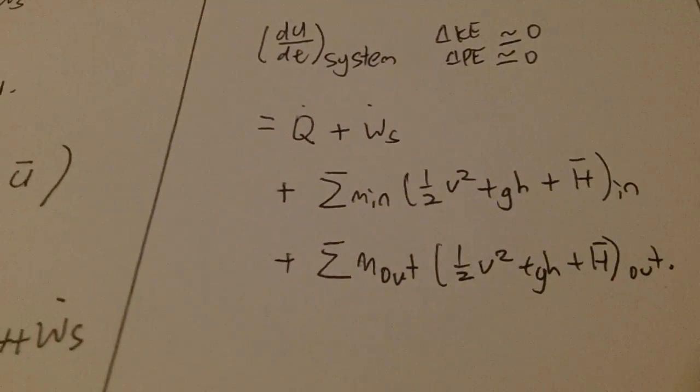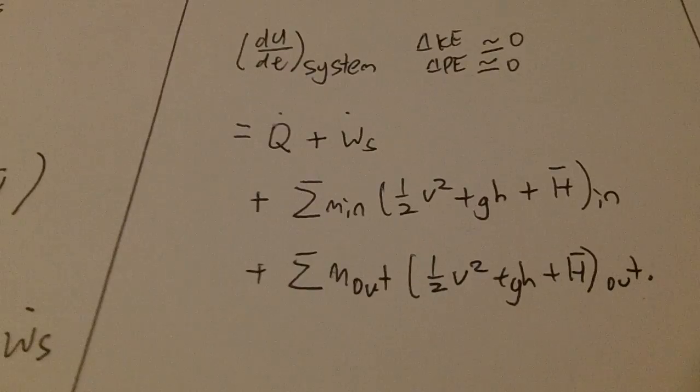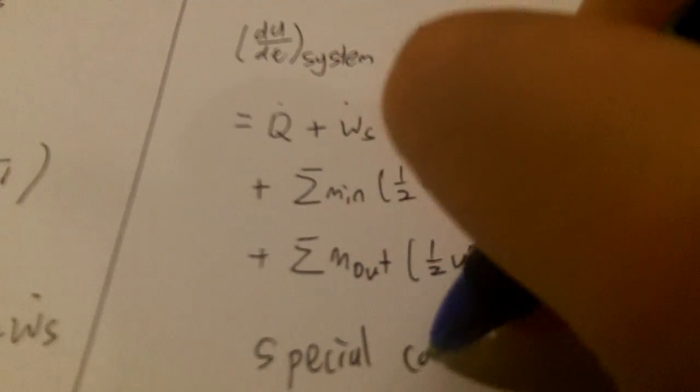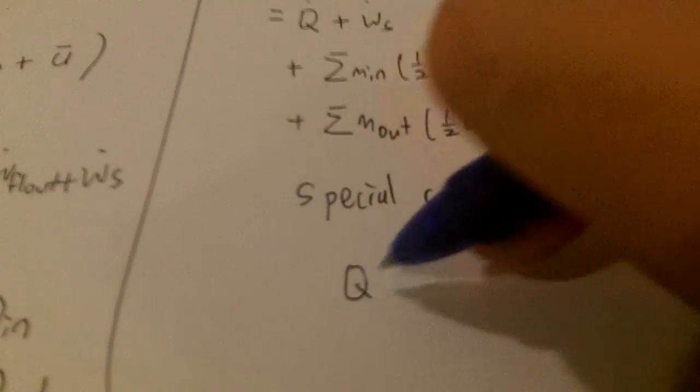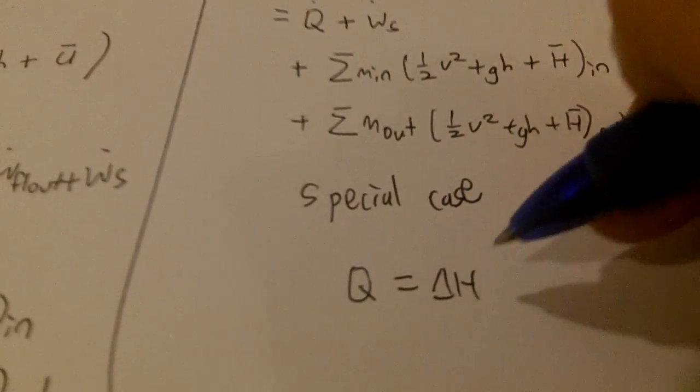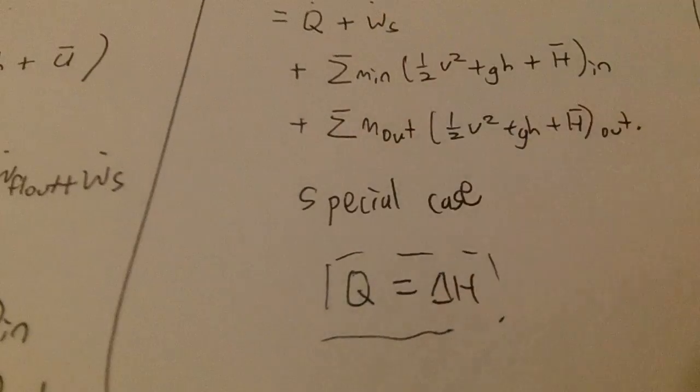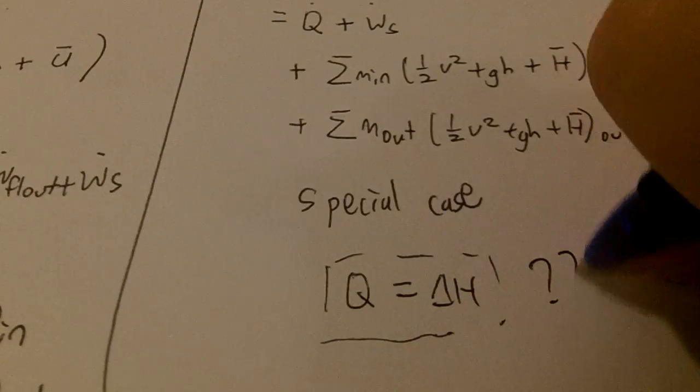Alright, and let's have a special case. We know we often see Q equals delta H. Now, how did this come about?